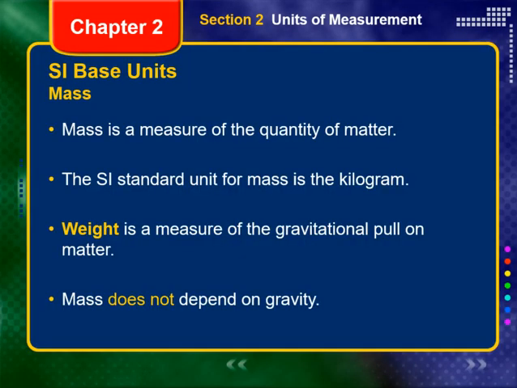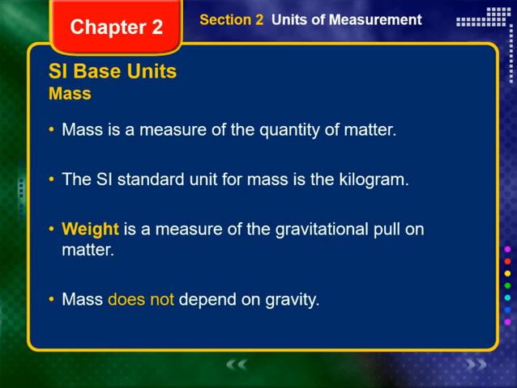As you learned in Chapter 1, mass is a measure of the quantity of matter. The SI standard unit for mass is the kilogram. The standard for mass, defined in Table 2-1 or 2 slides ago, is used to calibrate balances all over the world. The mass of a typical textbook is about 1 kilogram.